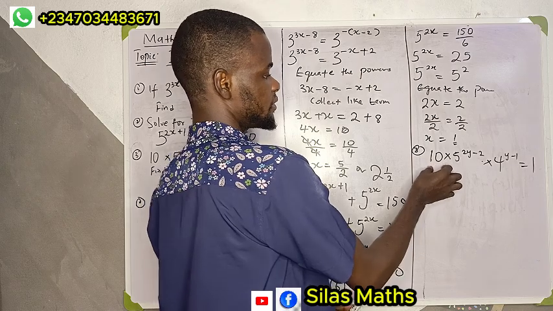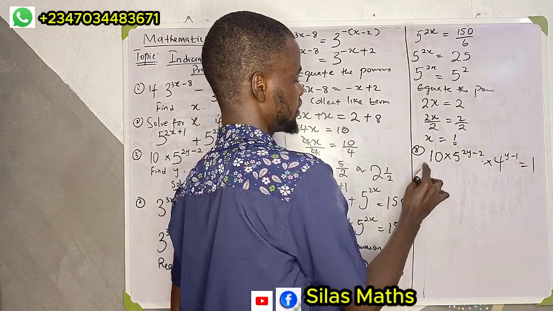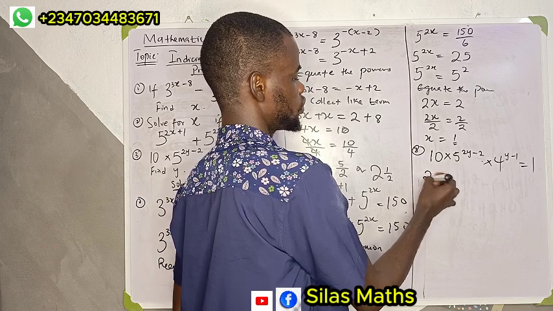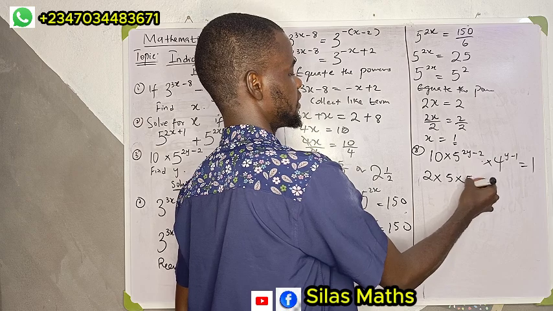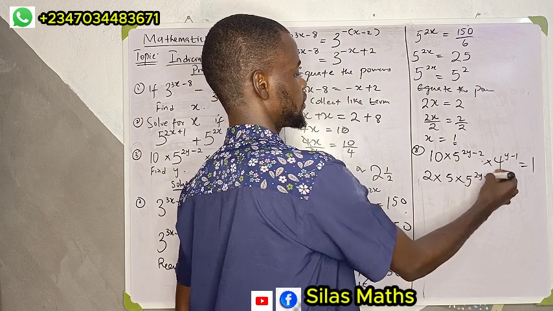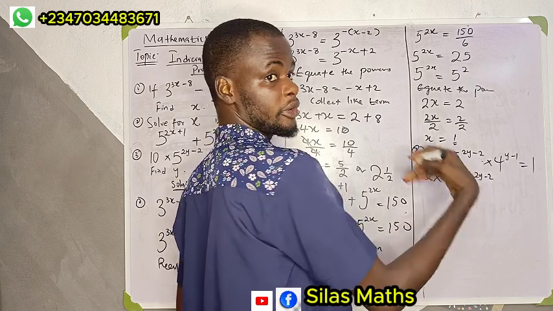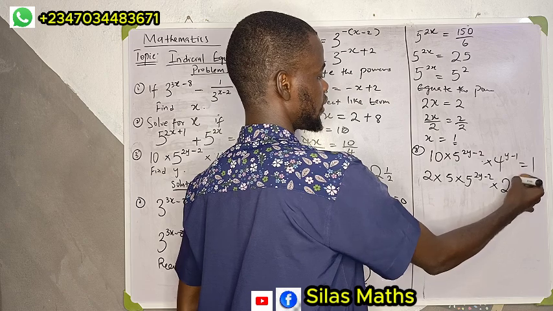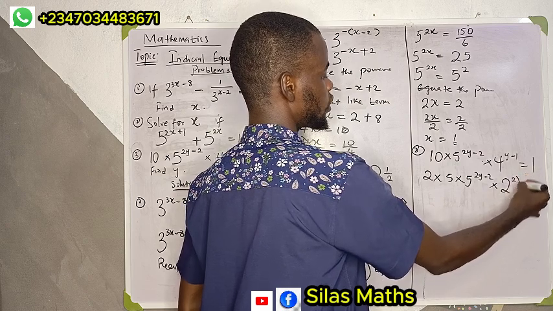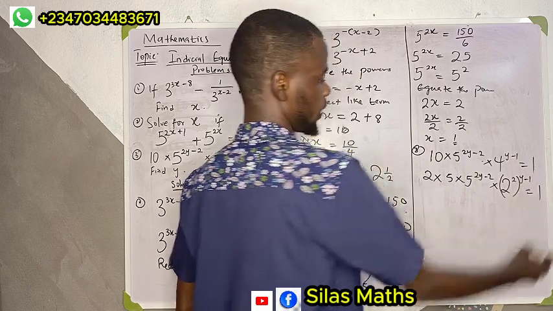So 10 will become 2 times 5 times 5 to the power of 2y minus 2. Then I can as well express 4 in the form of 2 to the power of 2. So that will give me times 2 to the power of 2 to the power of y minus 1 equal to 1.